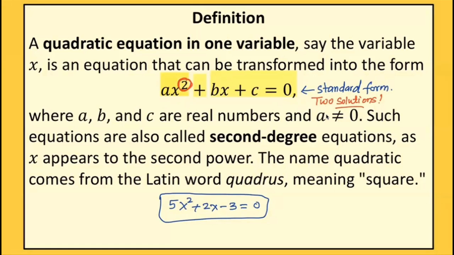There are several ways to solve this type of equation. We can solve it by factoring. These are some of the common methods. Factoring is one method of solving the quadratic equation. The second method that we use is completing the square.